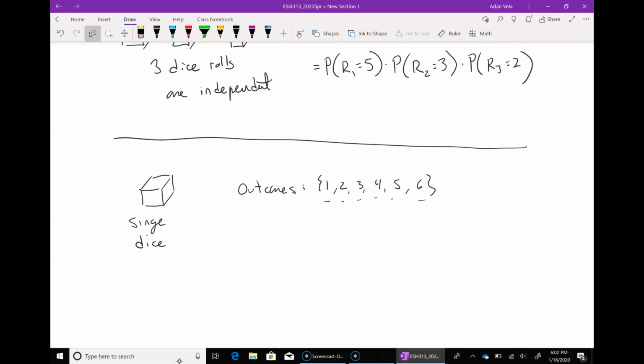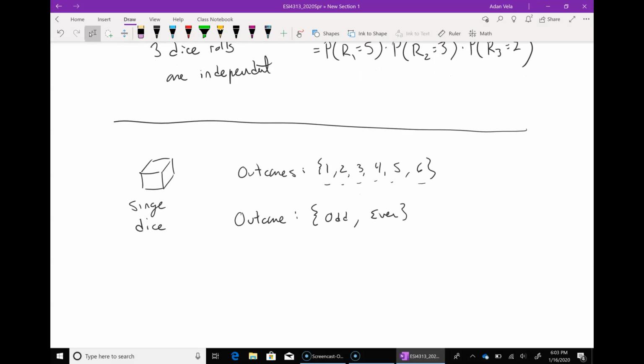Now, we can have a compound set of outcomes that are mutually exclusive. So for example, the outcomes that the rolls are odd or even are also mutually exclusive. So the set of rolls that are odd is 1, 3, and 5.